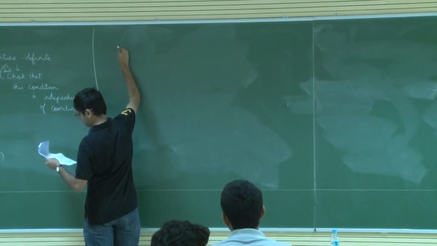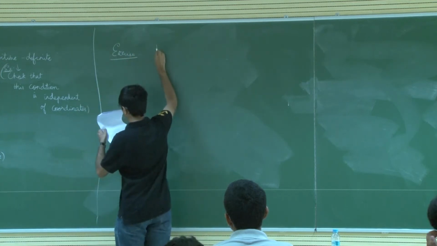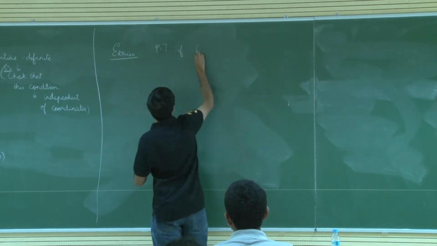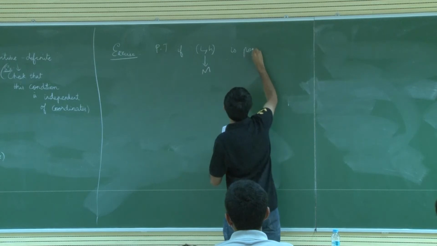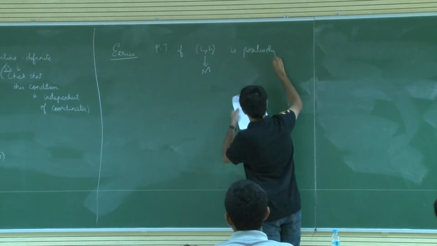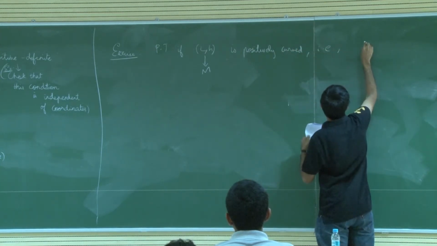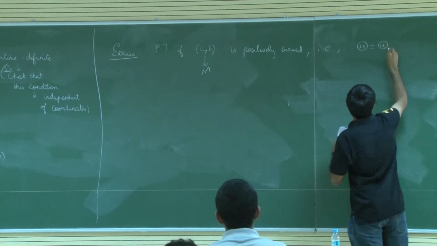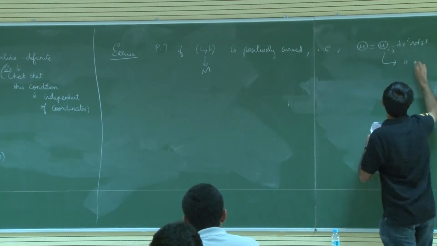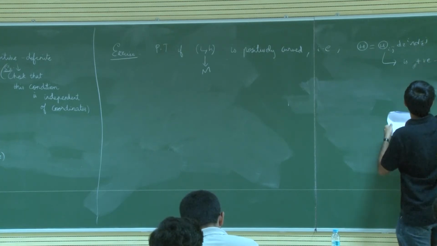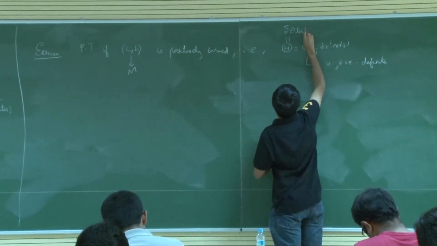Exercise: prove that if L equipped with this metric over N is positively curved, that is, this is positive definite, where this is equal to del bar del ln h.